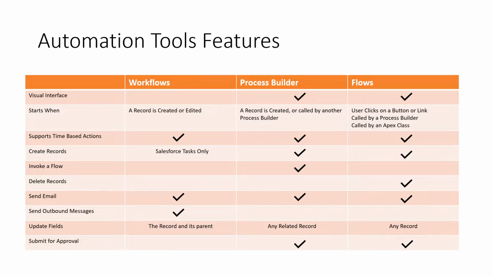The only difference is that flows are capable of sending emails directly to outside email addresses without using an email alert. On the other hand, process builders and workflows require sending the email through the email alert system.